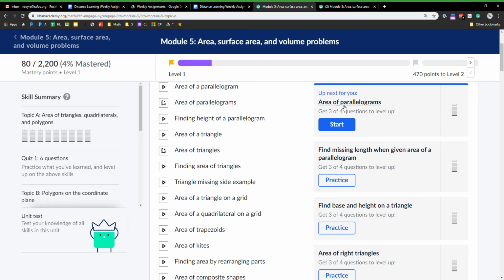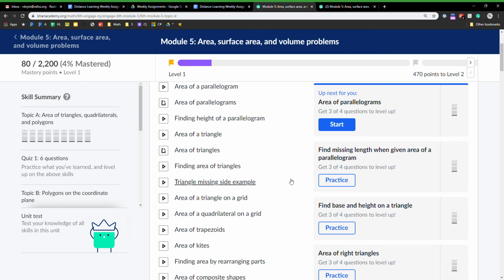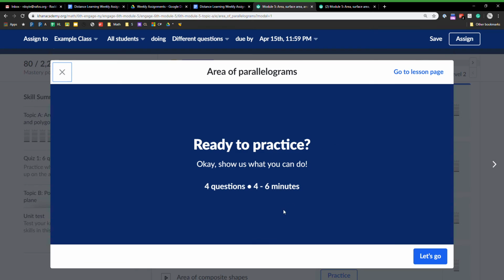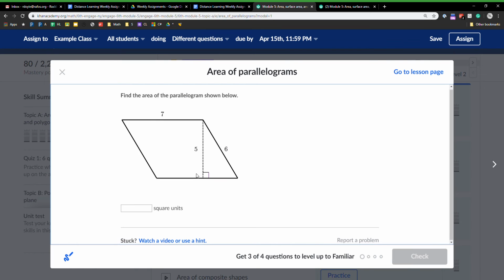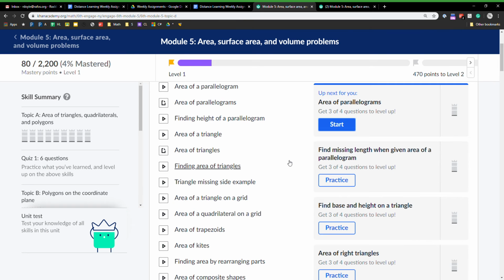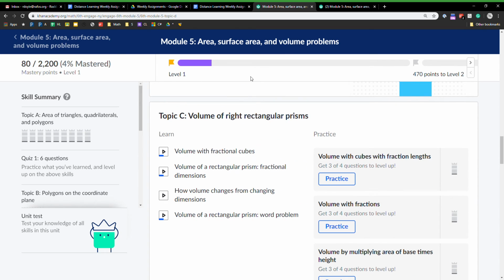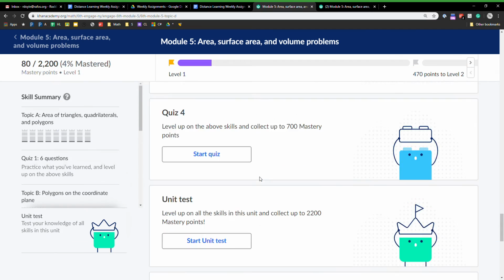If you're doing a problem, like area of parallelograms, you can click on the bottom right, watch a video or use a hint, and it will give you related videos. You might not have been assigned those videos, but they can help you with the exact thing you're working on.